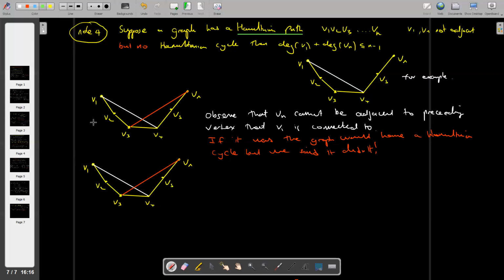The cycle would start at V1, then come down to V4 in this example, then go up to V5, all the way on to Vn, back down from Vn to V3. That's where the preceding part comes in, and then up to V1. So there we've created a Hamiltonian cycle.